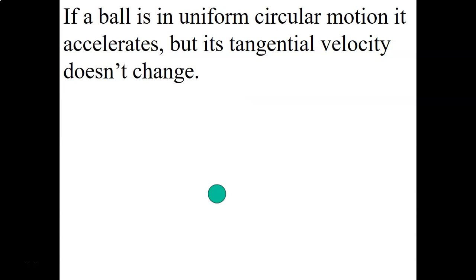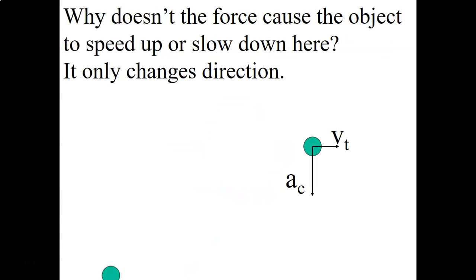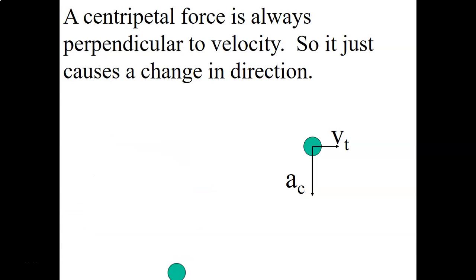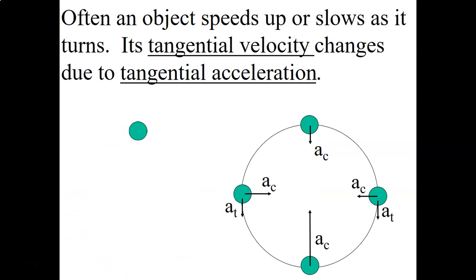If an object is in uniform circular motion, there's no tangential acceleration. So if an object speeds up or slows down, like if we were to spin an object in a vertical circle, it would speed up as it went down, and it would slow down as it went up.